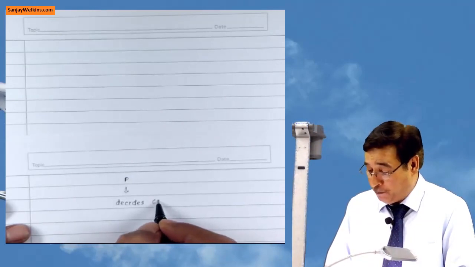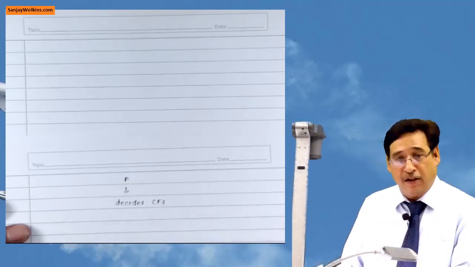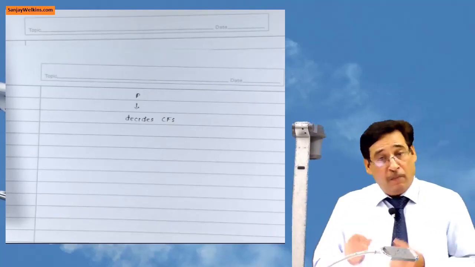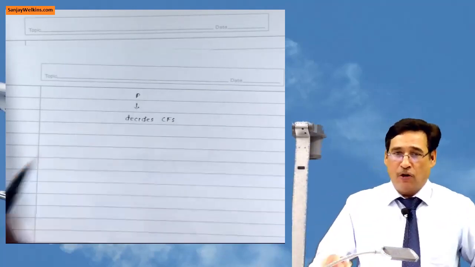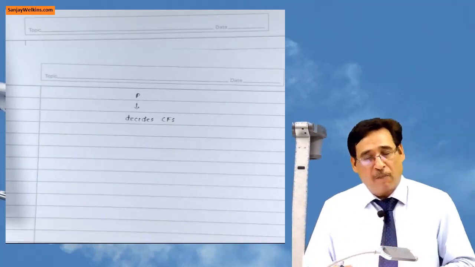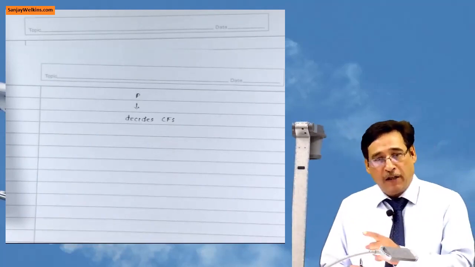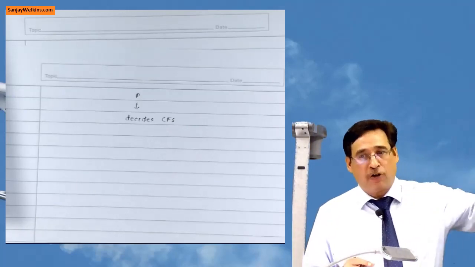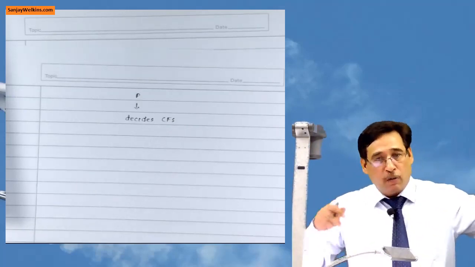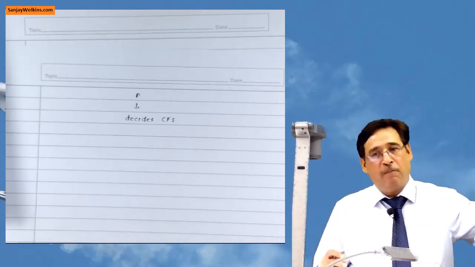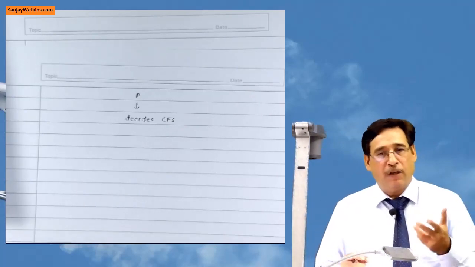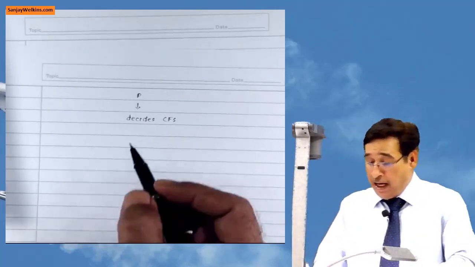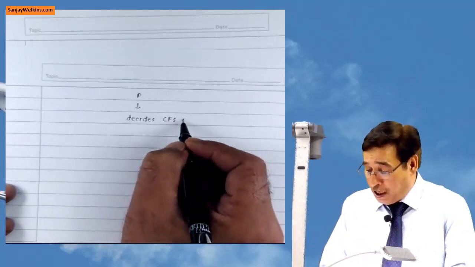Now you may be tempted to say, sir, just a moment ago you said that if you happen to be a parent, you are supposed to prepare CFS. Remember, we are now concentrating on the exception part. So P is a parent, but at the same time P happens to be a subsidiary, whether wholly owned or partially owned, and P Limited decides not to prepare the cash flow statement.